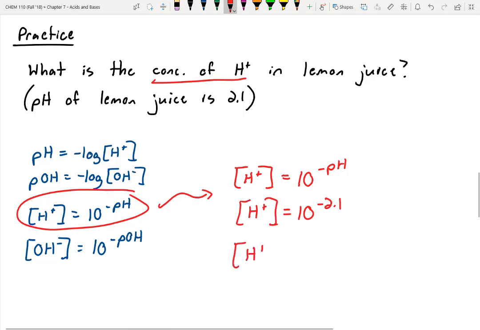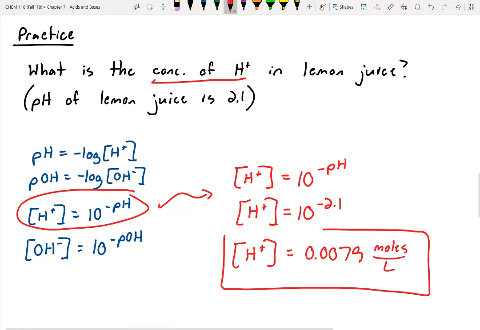And if we find the concentration using our calculator, it should come out to 0.0079. And the units are going to be in molarity or moles per liter. So this would be our final answer. Does that make sense? So the key thing that typically trips people up is remembering which equation to use. It's a little bit tricky.